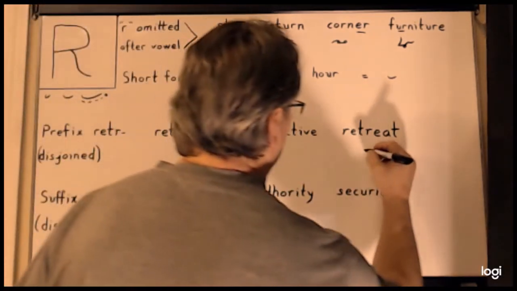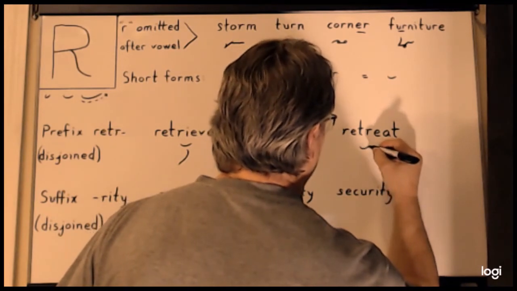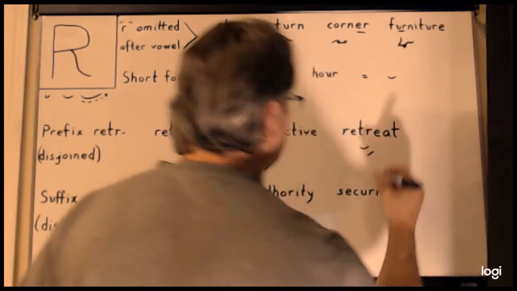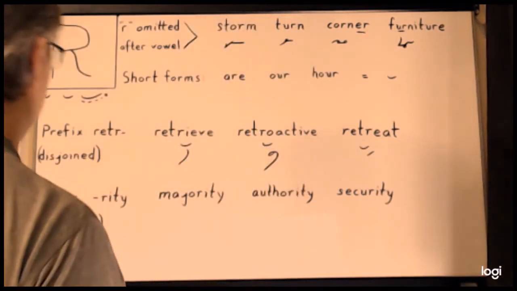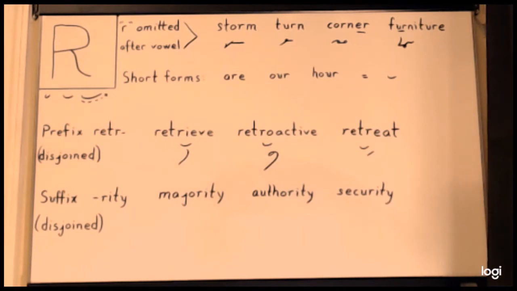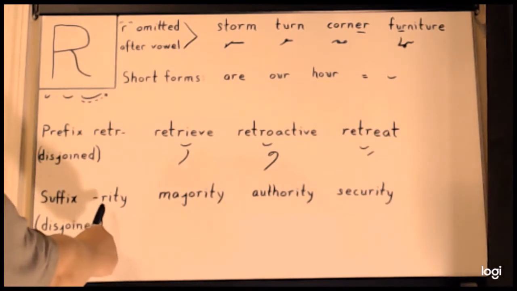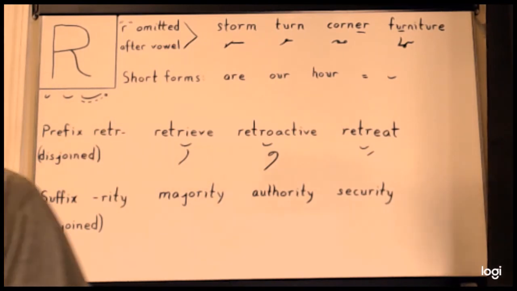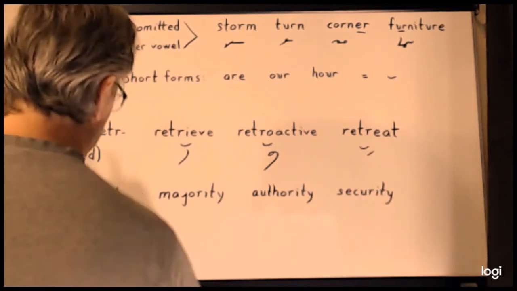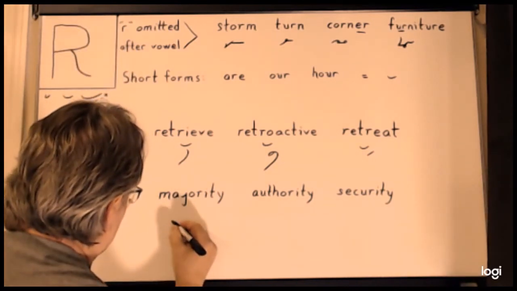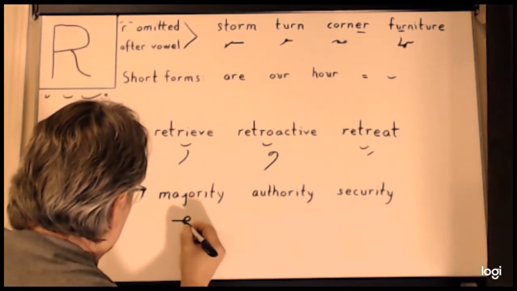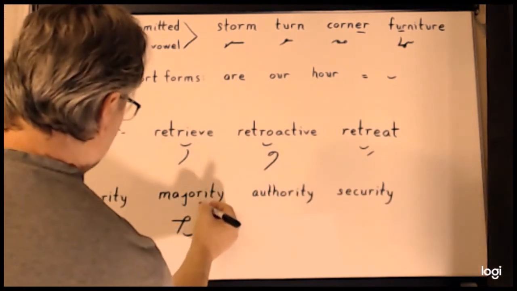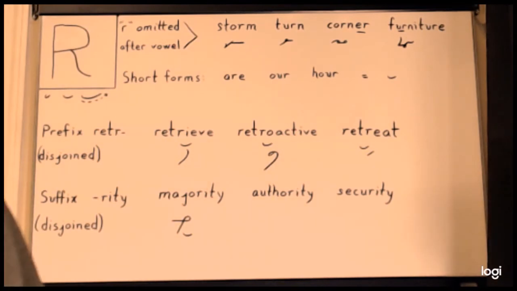Retreat will be the R, the long E is understood, and then letter T, and retreat. Now, as a suffix, the R stands for the R-I-T-Y sound at the end of certain words. Like in majority, it will be M-A-J, and a disjoined R, standing for the R-I-T-Y at the end.